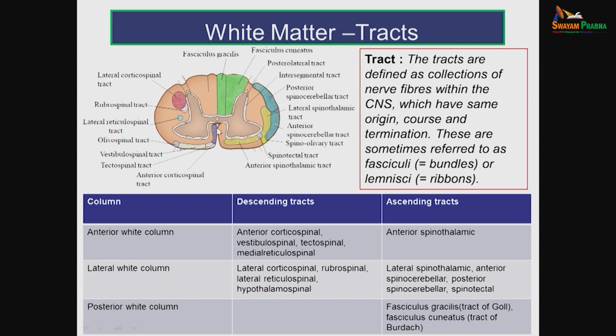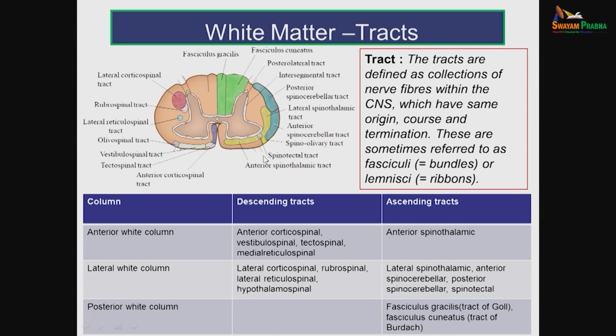So the nerve fibers in the white matter get collected and form the tracts. These tracts have the same origin, course and termination, and they are named after the masses of grey matter they connect. Please look at this picture. You can see the various descending and ascending tracts present in the anterior white column, lateral white column and posterior white column.